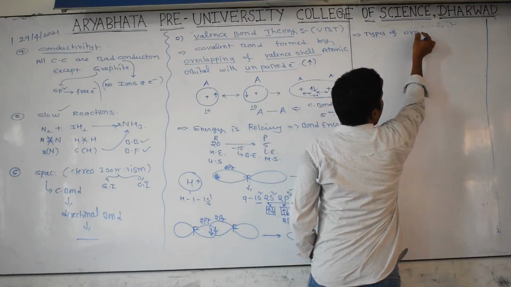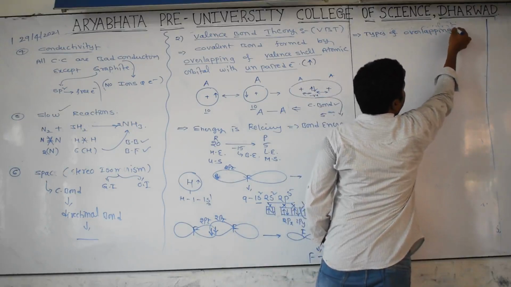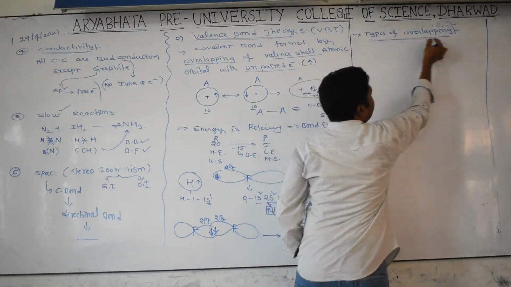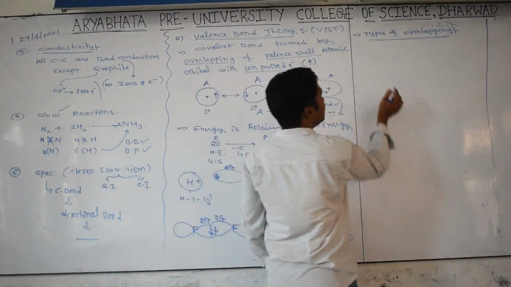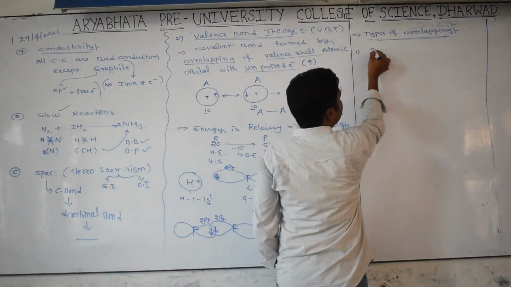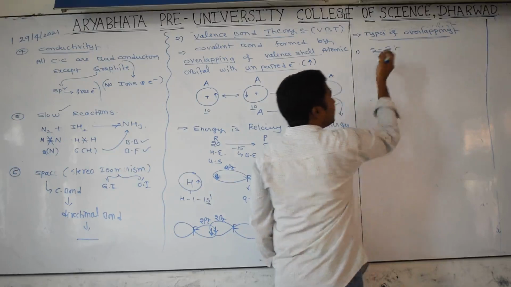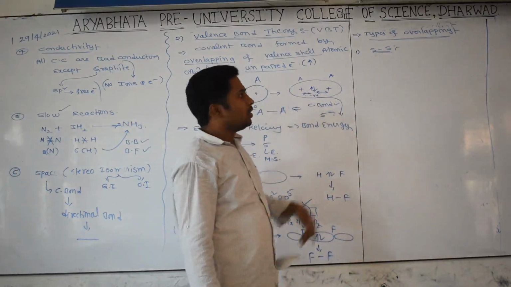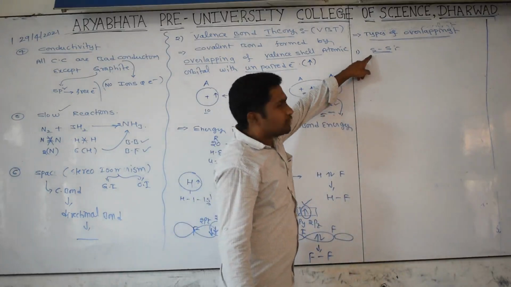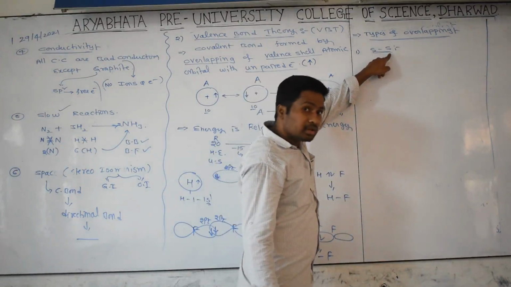Types of overlapping. We have mainly 3 types of overlapping, which is important for competitive examinations. The first one is SS overlapping. The name itself has the answer. What is the meaning of SS overlapping? The s orbital of one atom overlaps with the s orbital of another atom only.